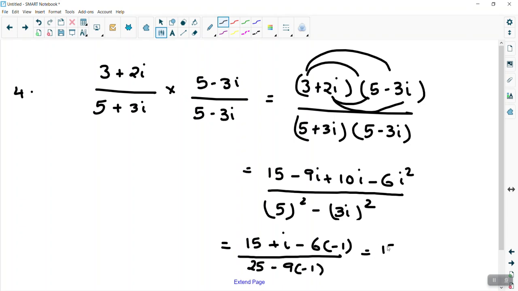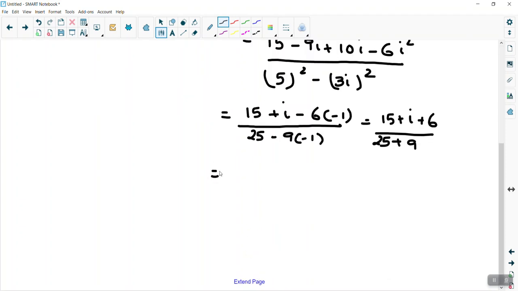So here we have 15 plus i, the minus and minus becomes a plus, so you have plus 6, and down there we have 25, again minus and minus the plus 9, which gives us 15 plus 6, which is 21, plus i divided by 25 plus 9, which is 34, and again we can see that there is no i in the denominator, and we have rationalized it. Right, so that is it.